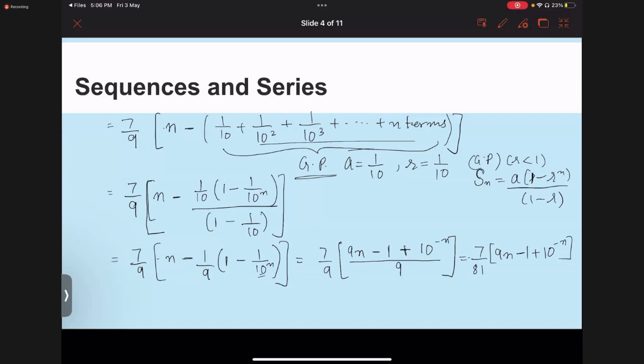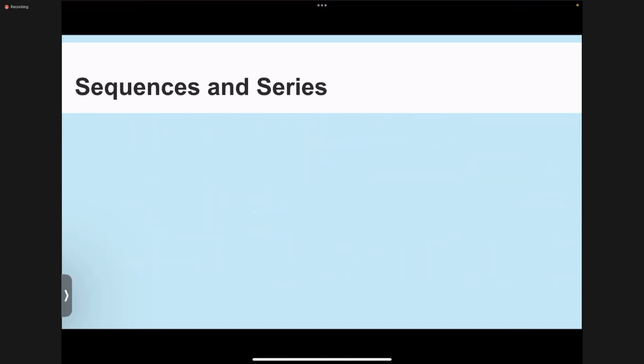Okay, so obviously now this is the generalized sum for the sequence that has been asked. Now you can obviously, if you are given a certain value of n, for example, let me write this.